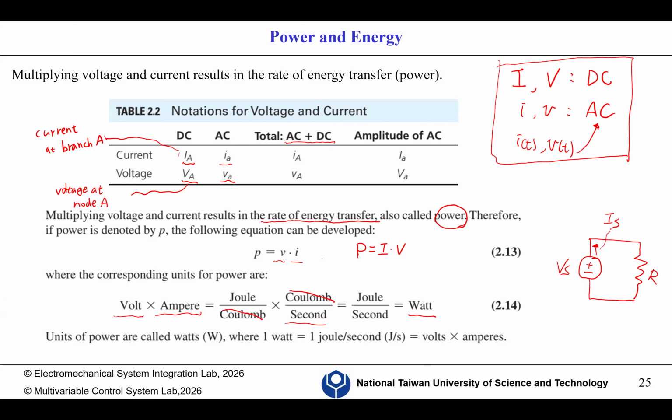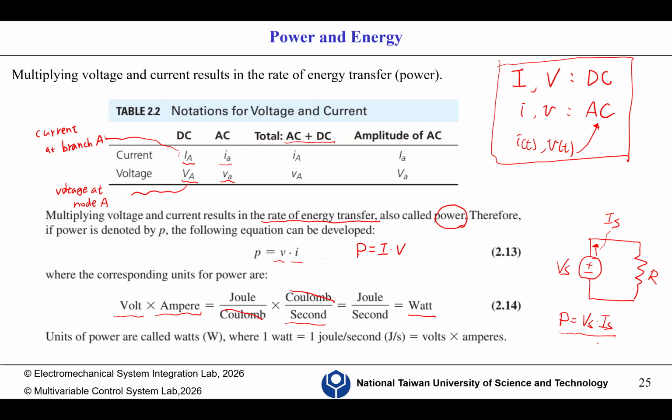You see, I'm using capitals here. It means I'm describing DC. So the power given by this voltage source can be calculated as Vs times Is.